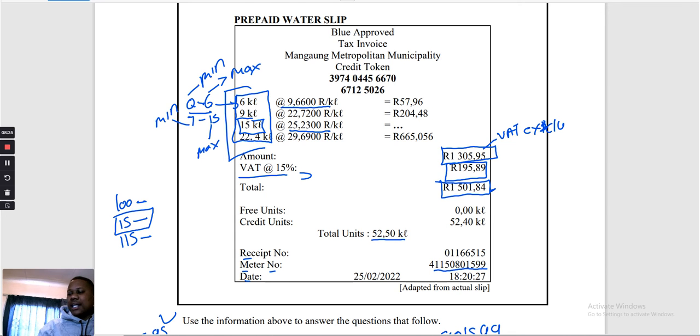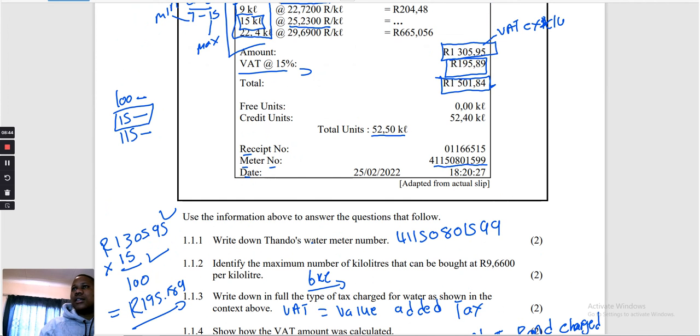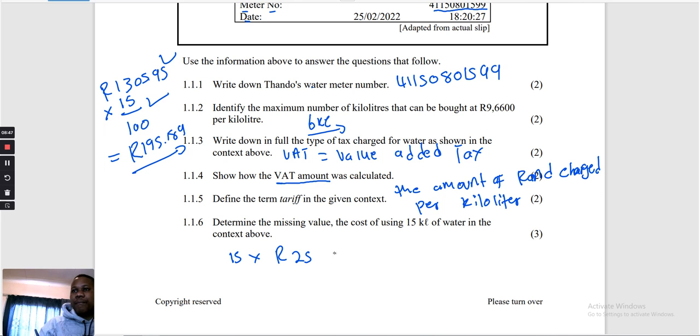We're just going to say 15 multiplied by 25.2300. That gives us the amount of 378.45. Okay, that is our first question.